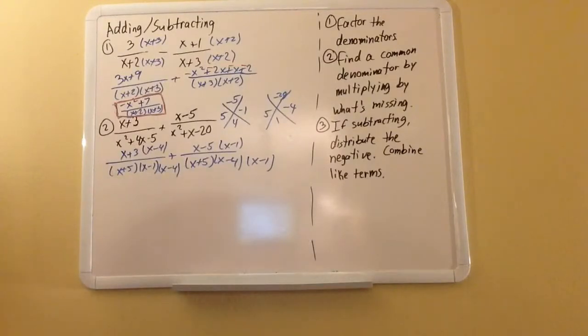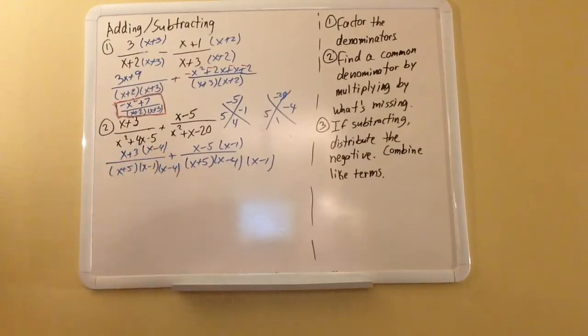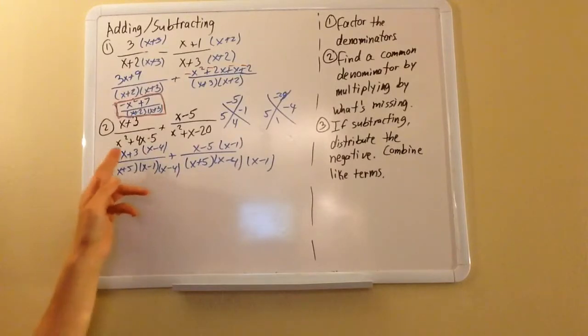Also, some other students I've taught, they like to cancel these out. But we just multiplied by those, so you definitely don't want to cancel them out. That's all in part trying to get a common denominator. So we're really trying to get a common denominator. That's why, even though we can cancel them out, we really don't want to. So now we're going to multiply this out.